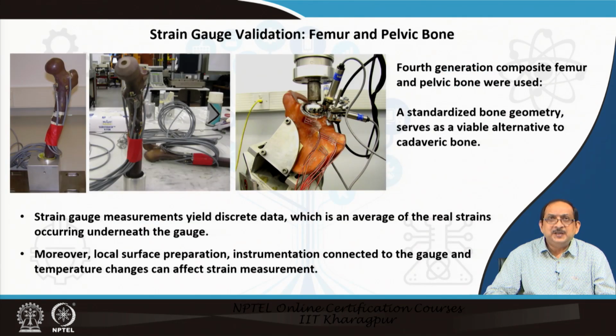Now, we will be discussing strain gauge validation on femur and pelvic bone, both intact and implanted bone structures. With time, fourth generation composite bones have evolved and they have been commonly used in experimental investigations of biomechanical structures like implant and implant bone structures.